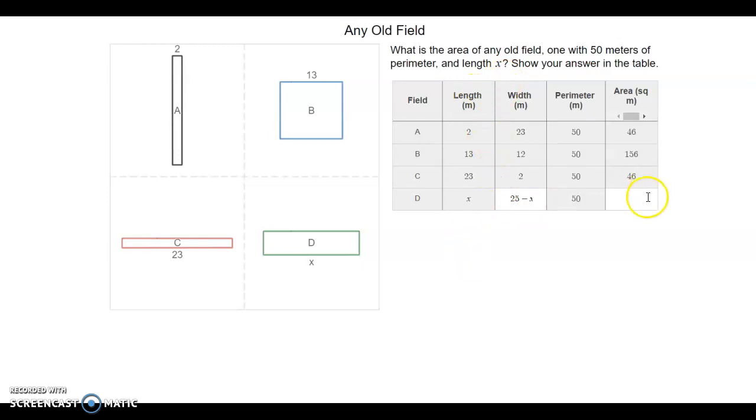Therefore, it would give us our length, because I know that the perimeter, if all the sides are the same, and in this case they're not, just these two sides, the x sides are the same, and the non-x sides are the same. So then, that means for our area, it's actually going to be x times (25 minus x). And the reason why, again, is length, which is our x, times our width, which is 25 minus x.